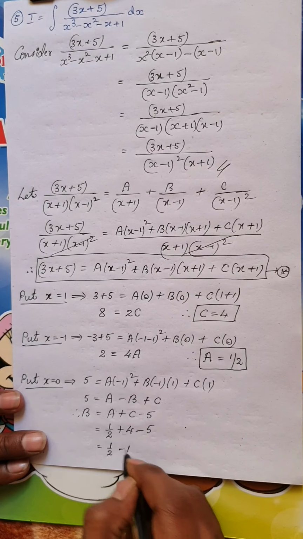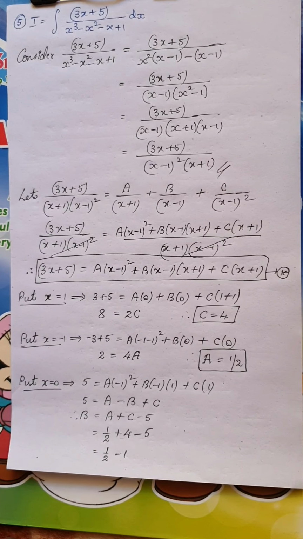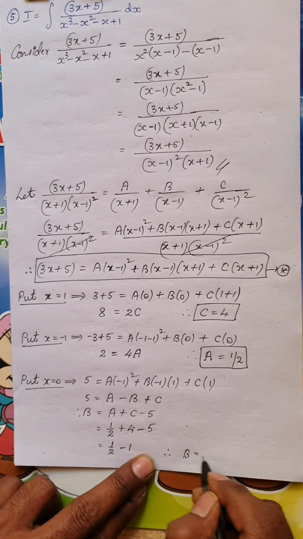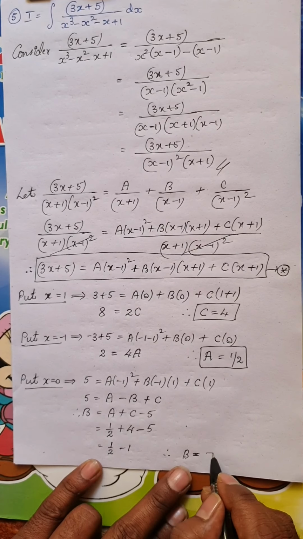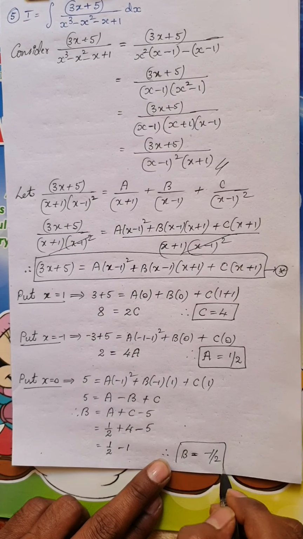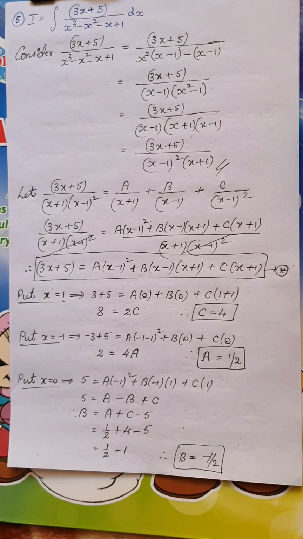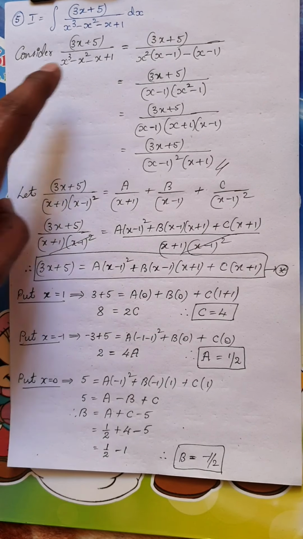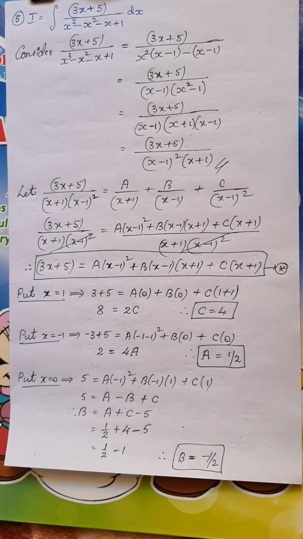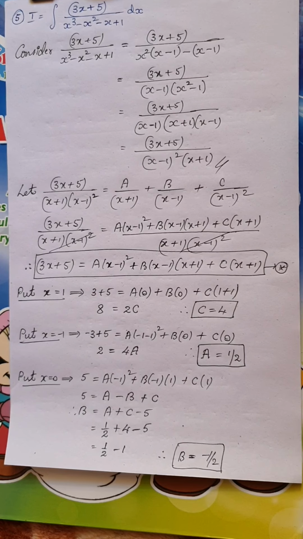This is minus 1. Half minus 1 would be nothing but minus half. So b value is, if you take the LCM or use common sense, half minus 1 is minus half. Now you will substitute here and here in this method, and integrate and find the solution.